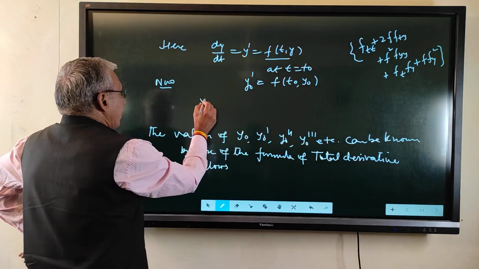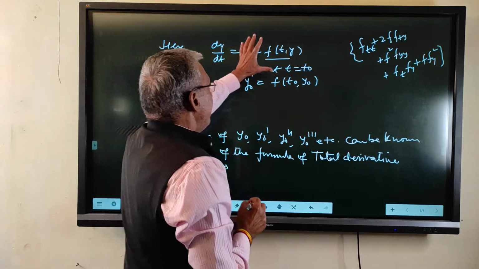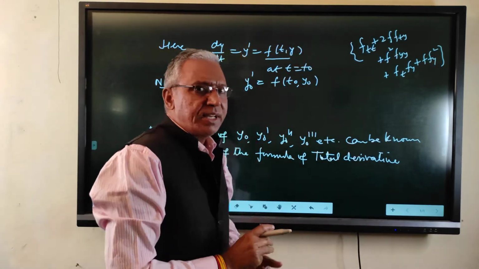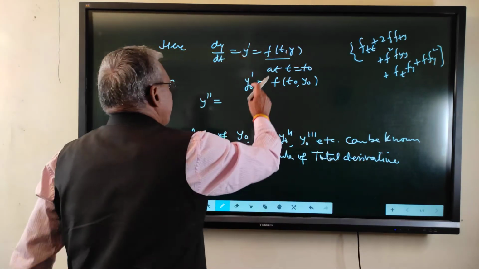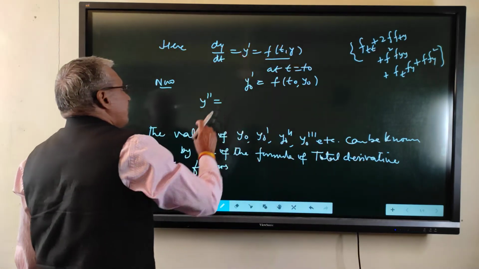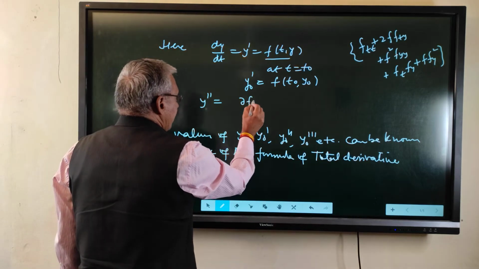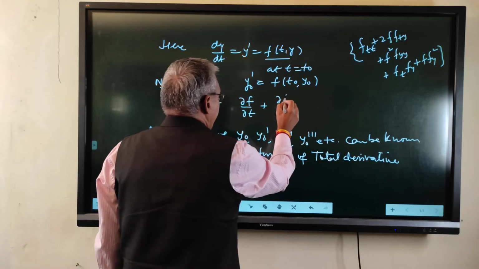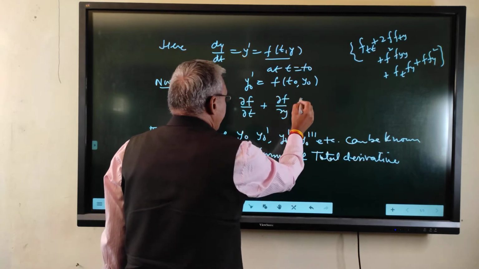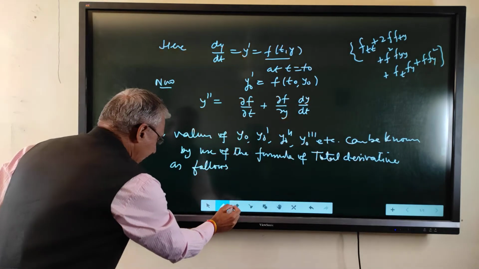Therefore y'' equals, we are differentiating, it is a function of two variables t and y, so we use the total derivative. After differentiating with respect to t and y, we have del f/del t plus del f/del y times dy/dt.